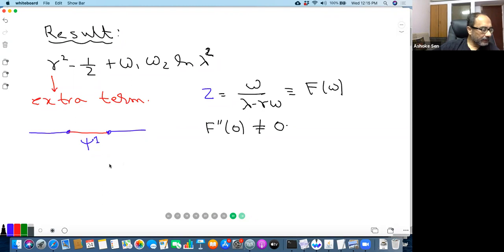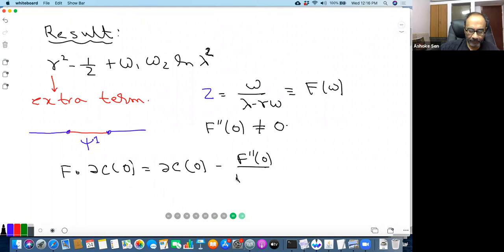And in particular, del c of w, or del c of 0. Remember the formula we had, del c of 0, because w equal to 0 goes to z equal to 0, minus f double prime of 0 over f prime of 0 square times c of 0.